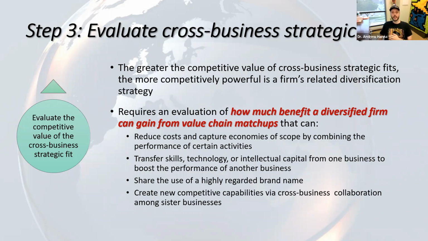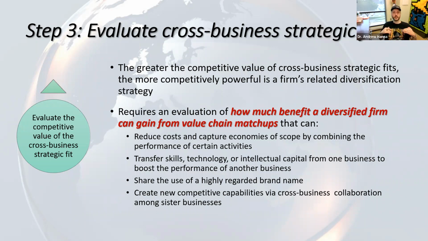How do we implement elements of this value chain so that we can essentially get like a 2-for-1 situation? We can use something that's established multiple ways, really get the most efficient use out of those value chain steps for ourselves. So we're going to evaluate how much benefit a diversified firm can gain from those value chain matchups, right? Because we know that some of them won't get much from it.